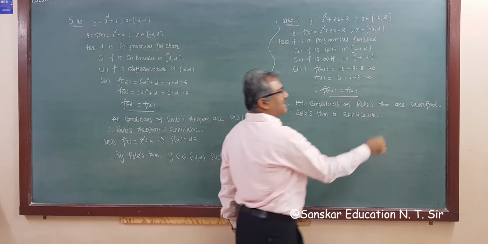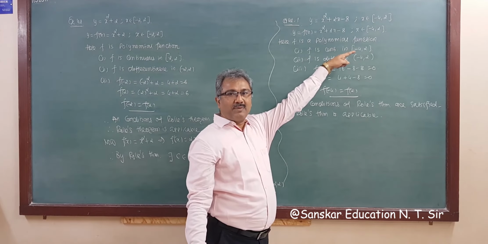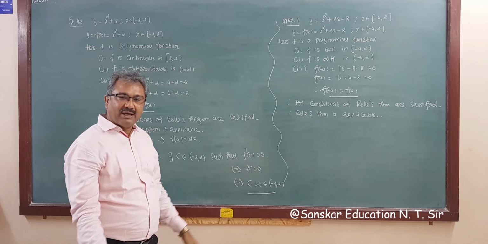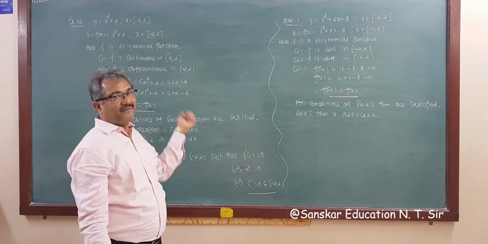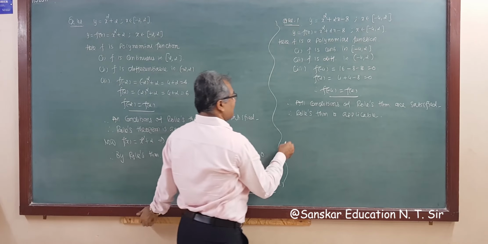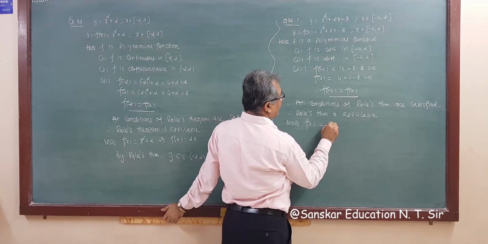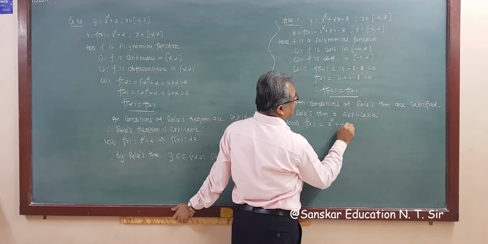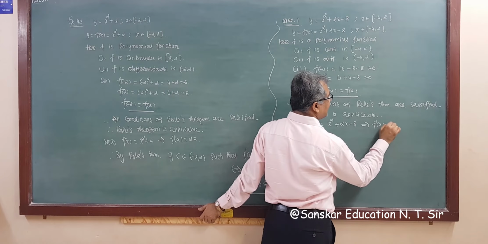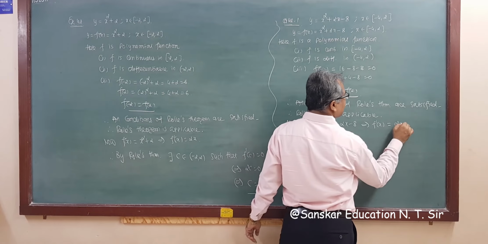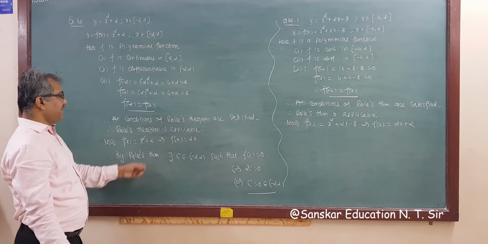And if Rolle's theorem is applicable, then there exists a C belonging to the open interval minus 4 comma 2 such that f dash C is equal to 0. And for that, what do we require? f dash x. So f(x) is x square plus twice x minus 8. So this implies f dash x is equal to twice x plus 2, right?